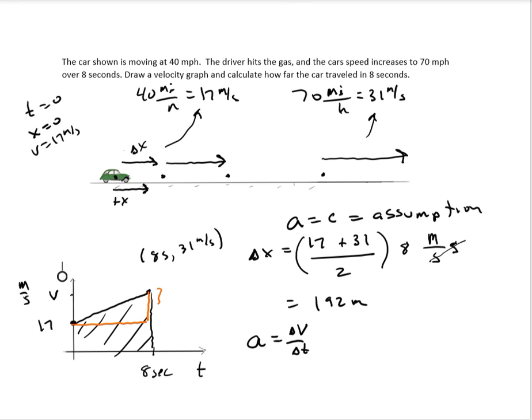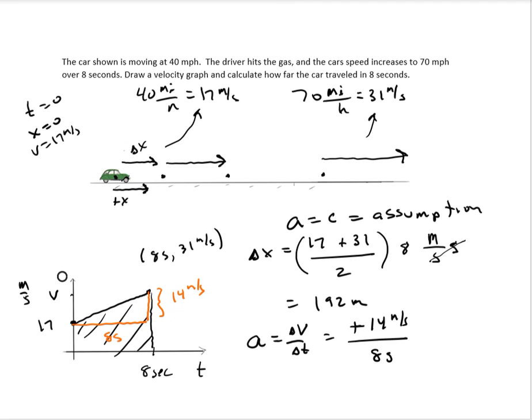That distance on the graph is going to be 31 minus 17. I believe that's 14 meters per second. And the run is this distance, that's the 8 seconds. So our rise is going to be plus 14 meters per second. I put that plus there for a reason. And the run, 8 seconds.